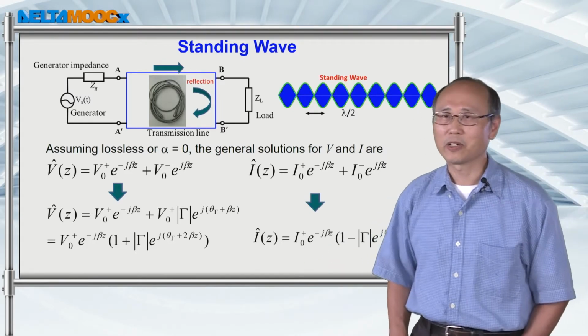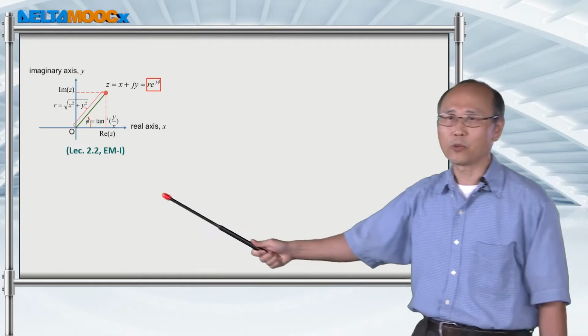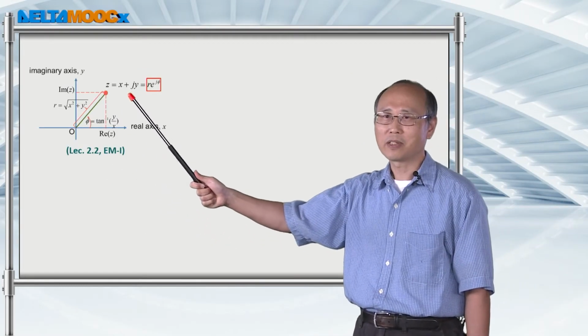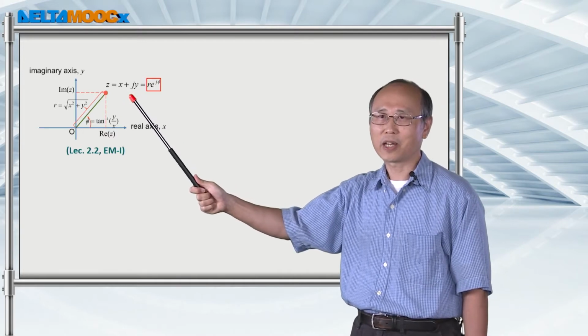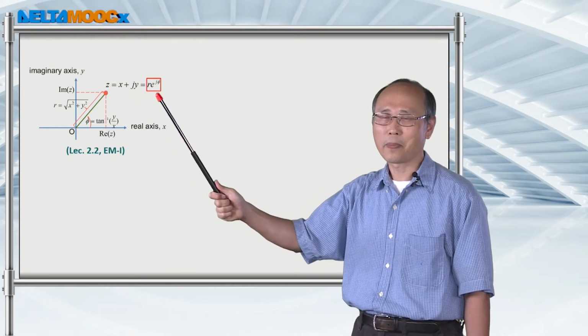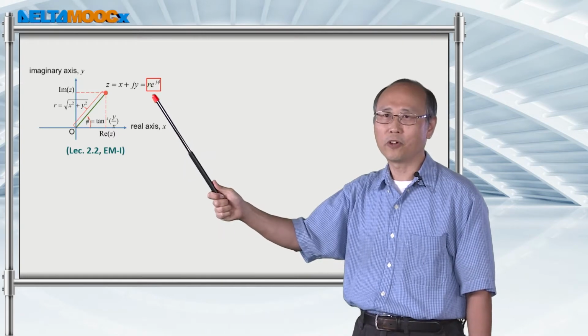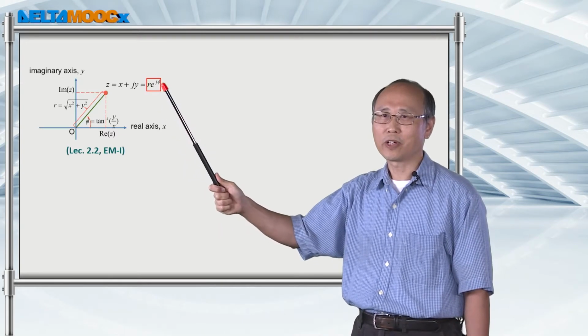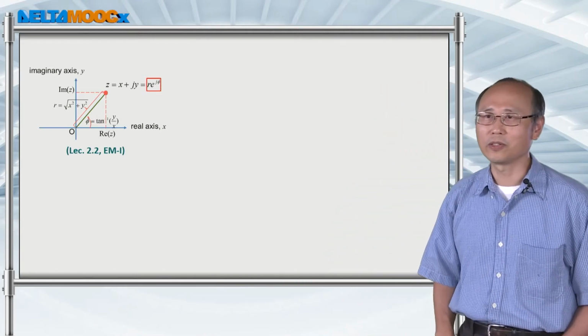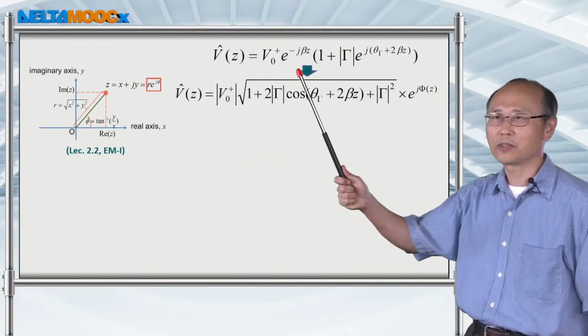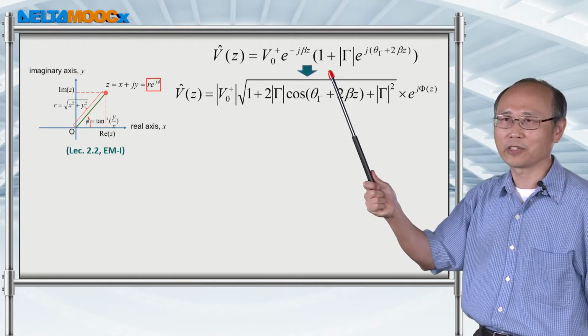A long time ago in Electromagnetics One, I talked about complex numbers. I told you that a complex number can always be calculated into a polar form with a length and also a phase angle like this. So we're going to use this to continue the calculation for this voltage signal.